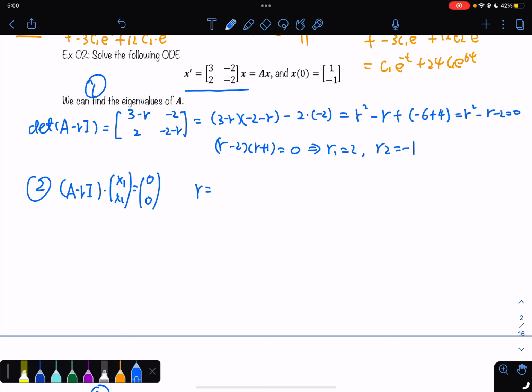So start with 2. You have 3 minus 2, which is 1, negative 2, 2, and negative 2 minus 2, which is negative 4, multiplied by x1, x2. Technically, I'm writing k1, k2 here. I guess that's a better idea because x1, x2 has already been used.